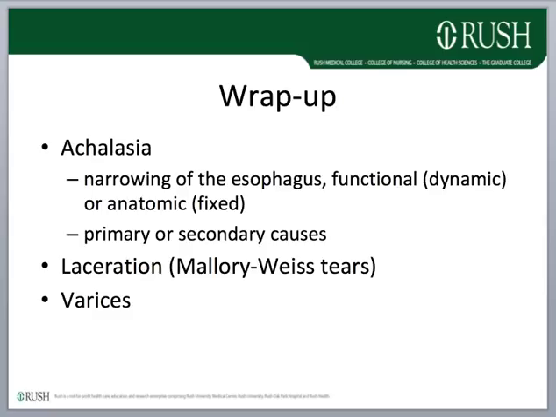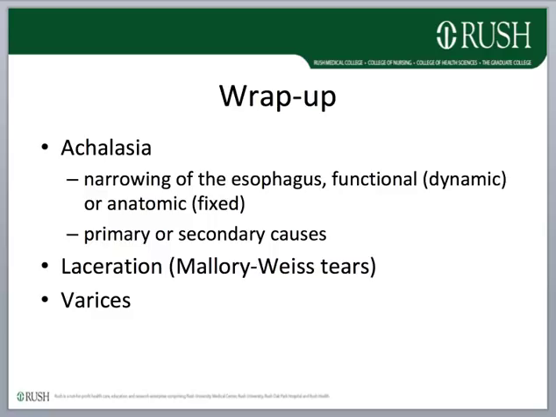There's several important causes of obstruction, including stenosis, webs, and rings. I talked about achalasia, which is more of a functional type of obstruction in which there's narrowing of the esophagus. Usually these are functional and dynamic.